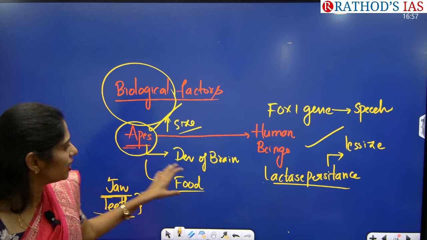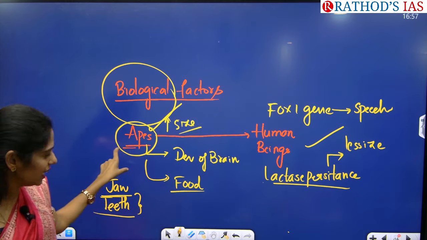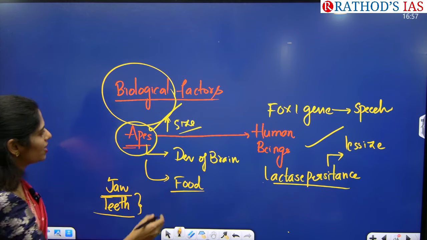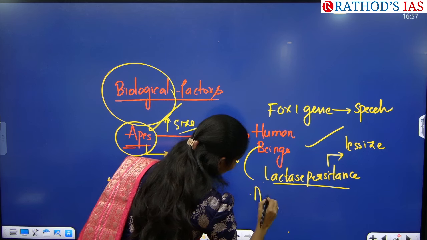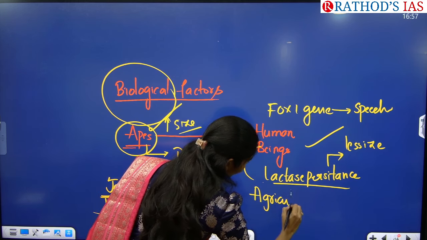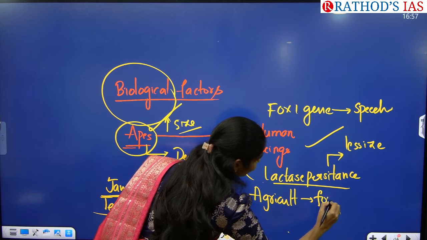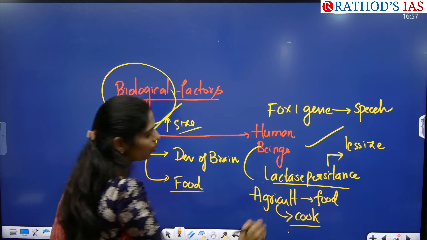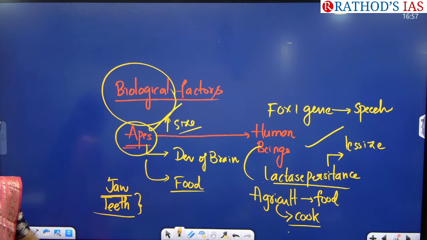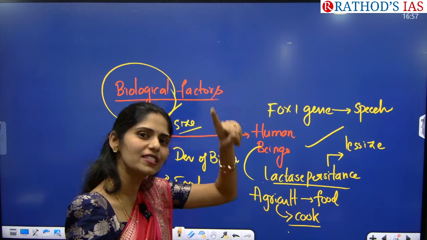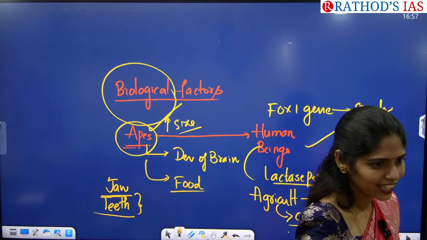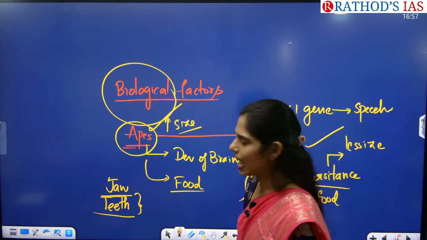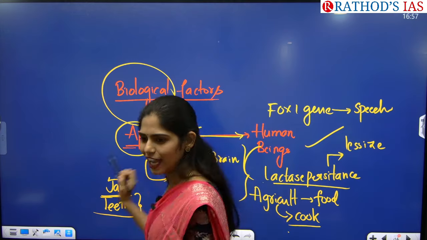In this process of evolution, even teeth size and jaw length decreased, because humans now focus on agriculture, produce their own food and use fire for cooking. We don't need such strong teeth now compared to apes in earlier stages. Clear? These are some examples of the biological changes that happened in the process of evolution.